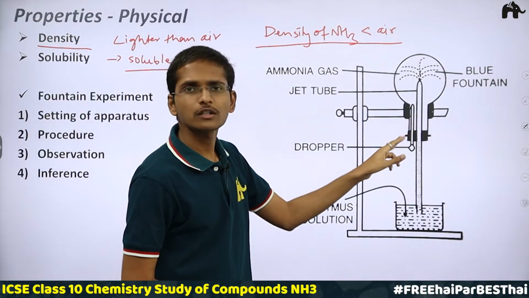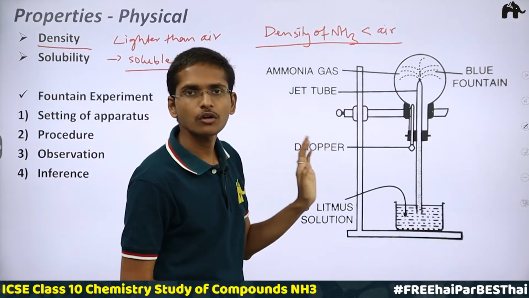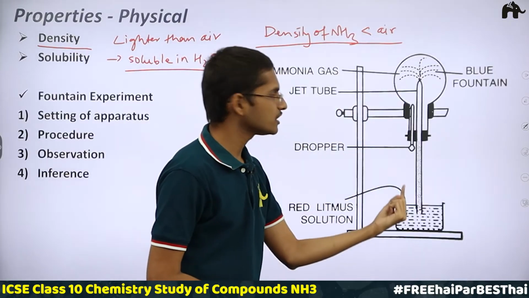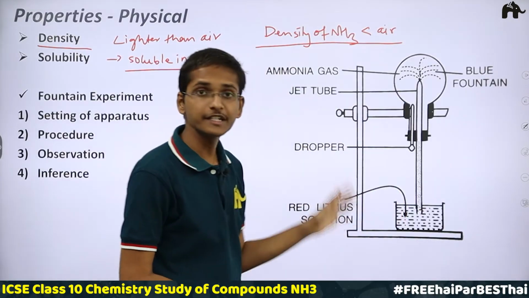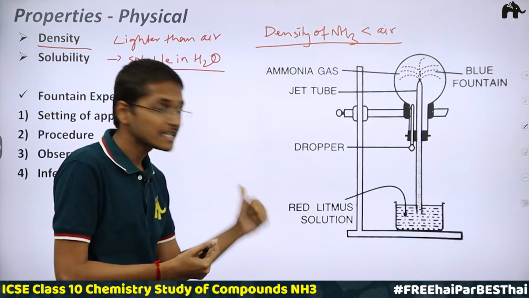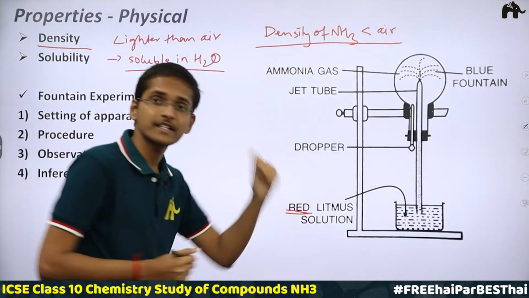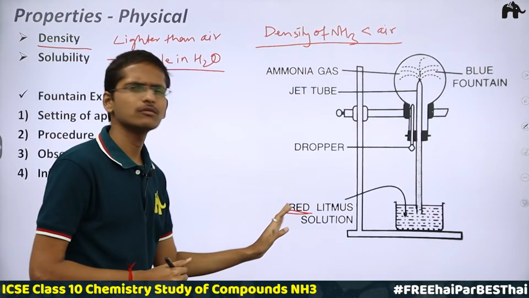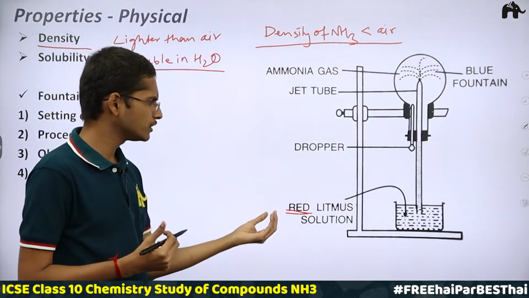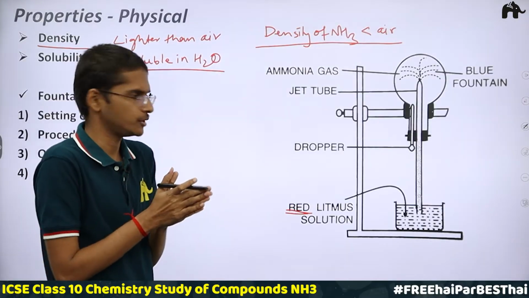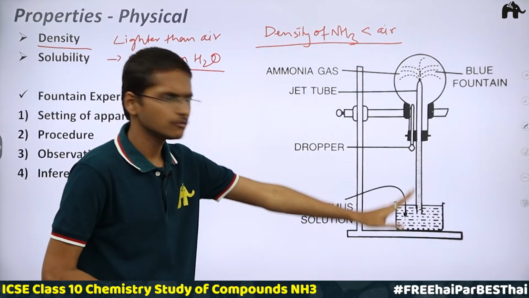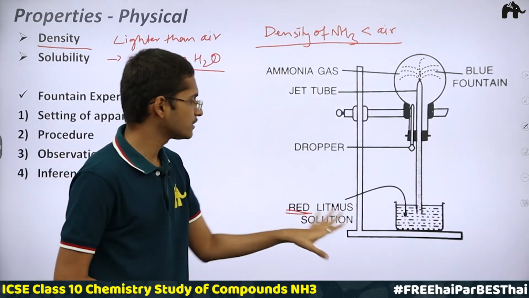Then I'm having a rubber cork with two holes. From one hole I'm passing the jet tube, which directly enters the litmus solution, which is red now. In case of HCl, it was blue litmus solution. Why have we used red? You would get to know on your own after a few minutes. So we are placing this jet tube in the red litmus solution.